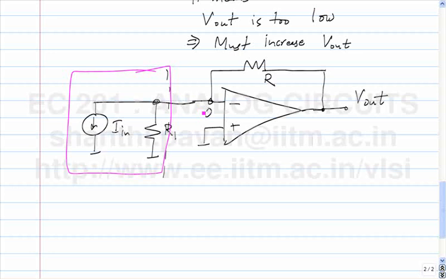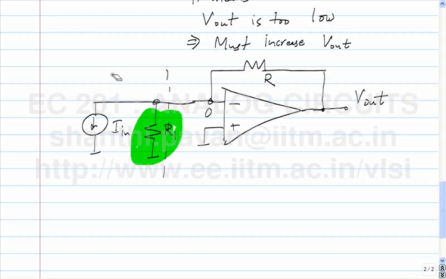But now even if you have a non-ideal current source, you find that it's not a problem anymore, because the voltage drop across R1, which is this chap here, is 0, because this side is the virtual ground of the op-amp. If the voltage drop across R1 is 0, what is the current flowing through R1? Is 0, which means that there is no current flowing through R1, all the In will flow through across R. The output voltage will still be V out, which is equal to In times R.